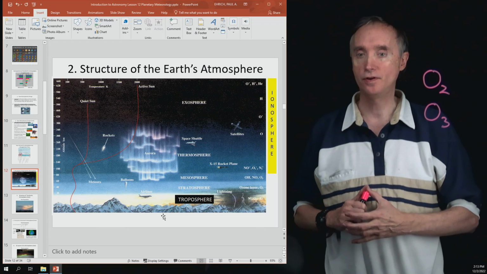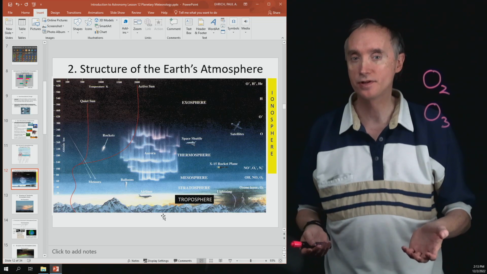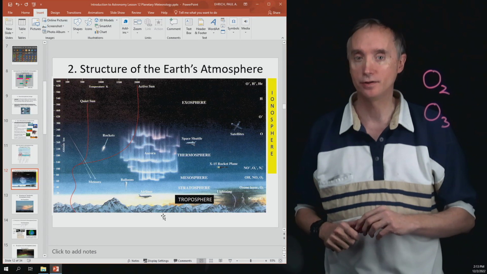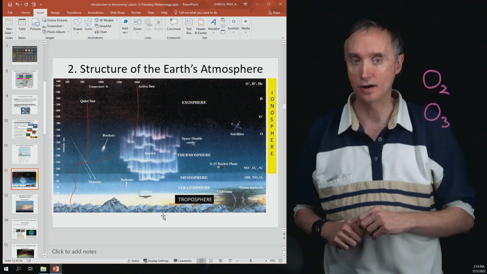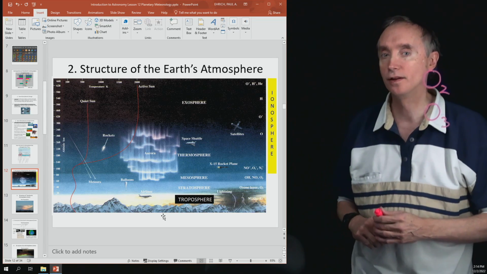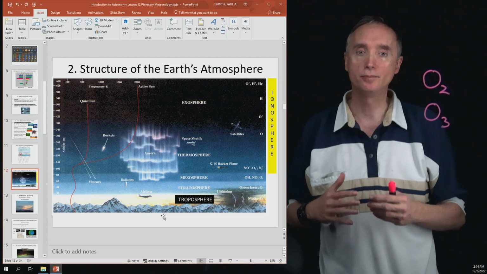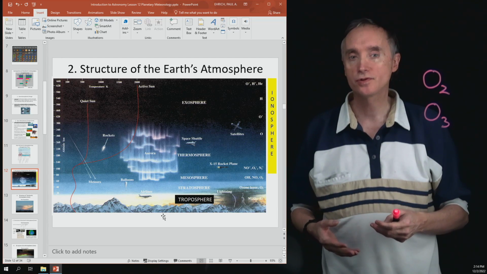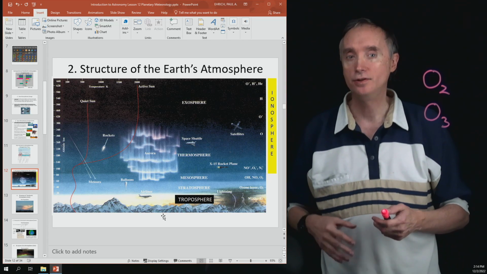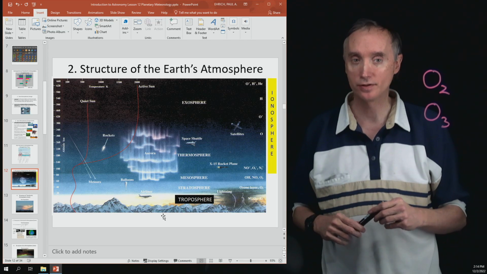The exosphere goes all the way up until it basically peters out into outer space, like 500 miles up into the air. So those are the various layers of the Earth's atmosphere. But if you combine the exosphere and the thermosphere together, you get what's referred to as the ionosphere. And I did want to mention that.